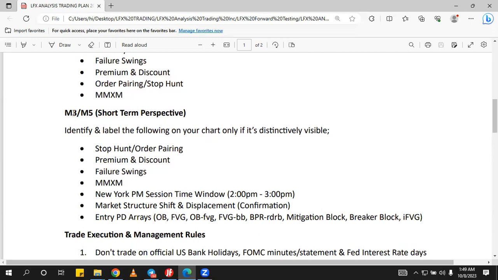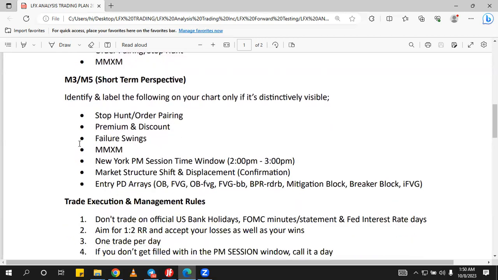In the M3 time frame, this is where we are looking out for the trade execution in the PM session between 2 to 3 p.m. New York time. So that is our short-term perspective. If M3 is not clear, then you can go to your M5, basically. So these are the things that I look out for when looking at my short-term perspective.